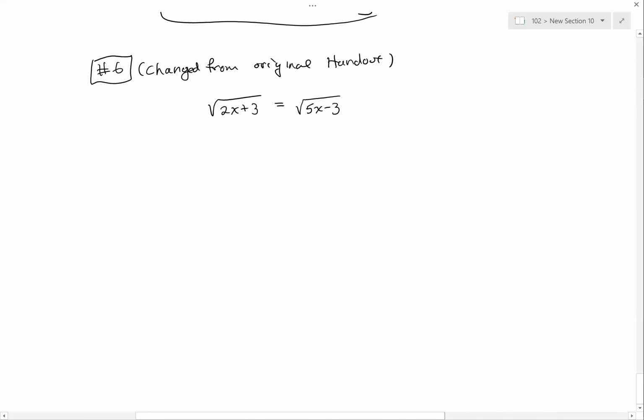We're just going to follow the algorithm. The first step is to isolate a radical. As we can see, both sides are just a radical, so there's no radical that we have to isolate. It's already done for us. So what I'm going to do now is square both sides.